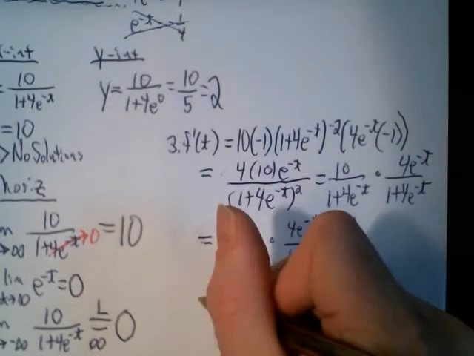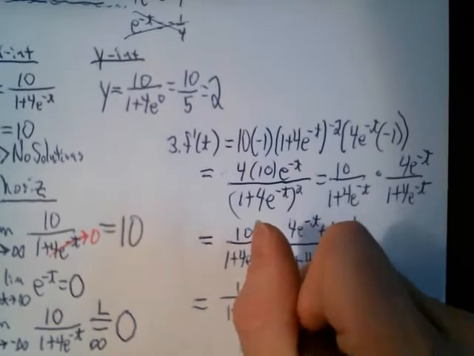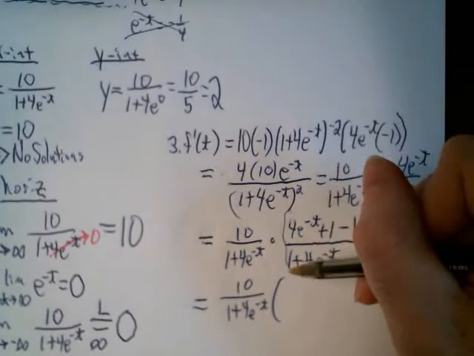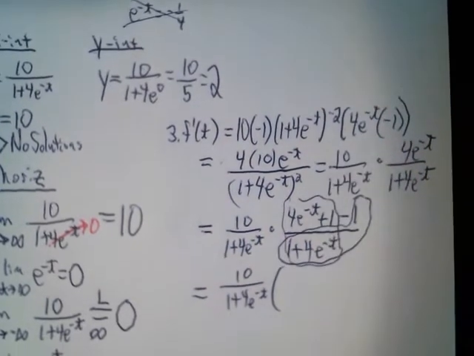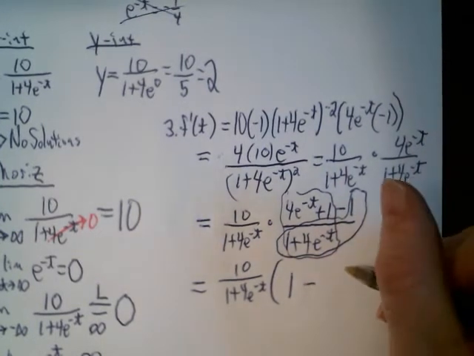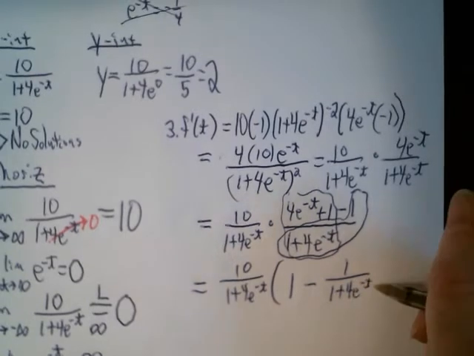And then you'll see, hey, this is 10 all over 1 plus 4e to the negative t times, if you butterfly it, I'm really going down a rabbit hole here, 1 minus 1 all over 1 plus 4e to the negative t.